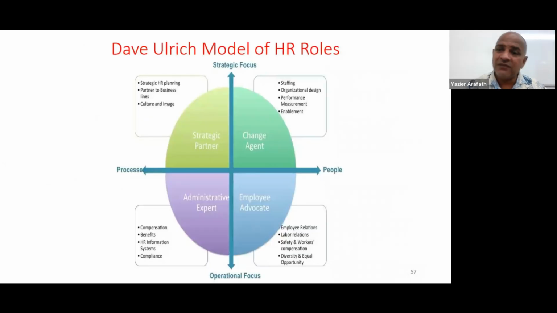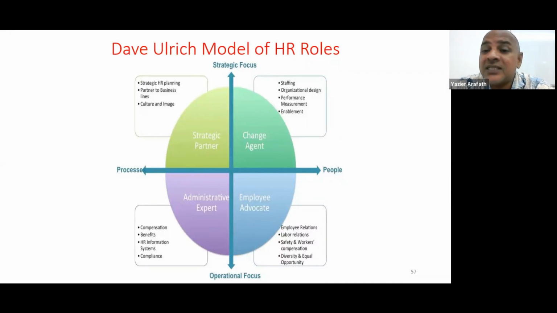The last one is the Dave Ulrich model. That is the latest model in the modern context. I have already discussed this. Strategic focus, operational focus, people focus, process focus. He is talking about those four. Under strategic focus, what is the role of HR? He defined it.